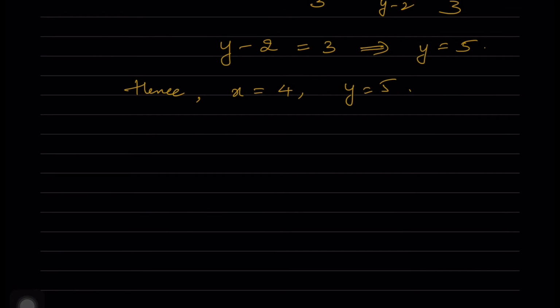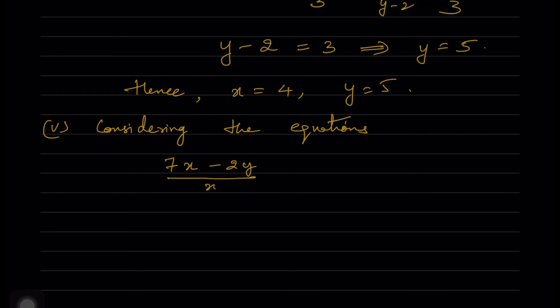Now next one, the fifth one. Given 7x minus 2y by xy is equal to 5, and the second one is 8x plus 7y by xy is equal to 15.